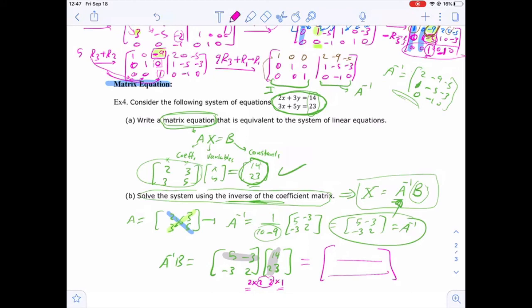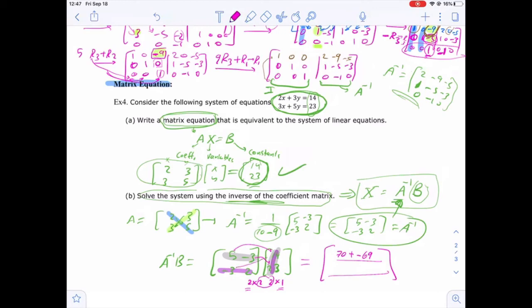So how do we multiply? We multiply the first row by the column. So 5 times 14, this is 70. Now negative 3 times the corresponding number, 23, that's negative 69. And on the second, we multiply the second row by that column.